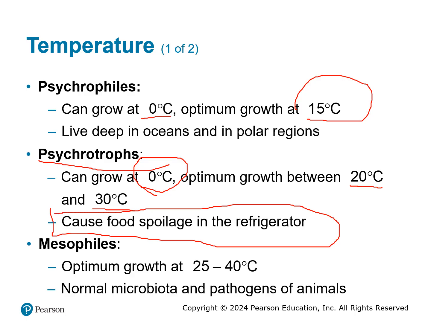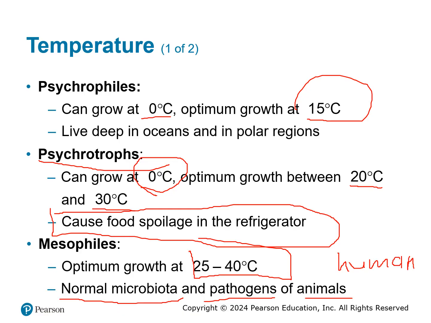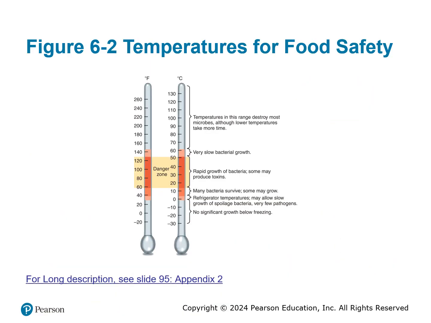All right, mesophiles are going to have their optimum growth at 25 to 40 degrees. These are going to be the normal microbiota and unfortunately pathogens of animals, and animals includes us, humans. Okay, so a lot of what you're going to be doing as a nurse is getting rid of those pathogens that humans have.